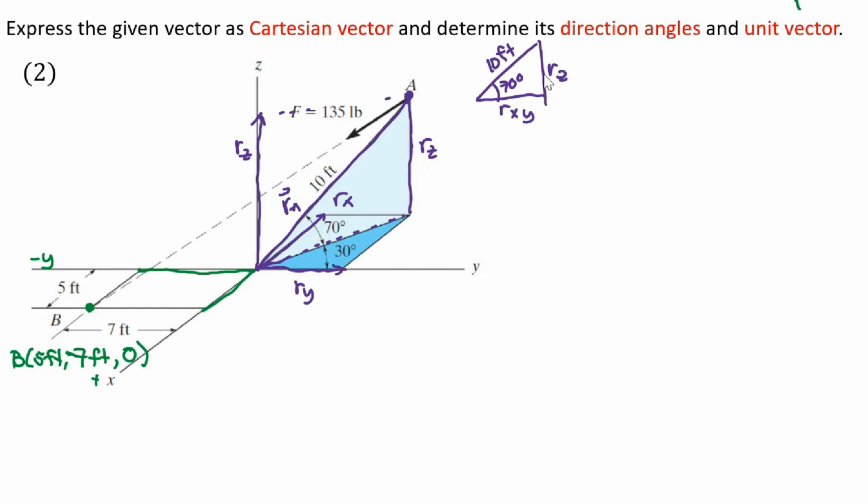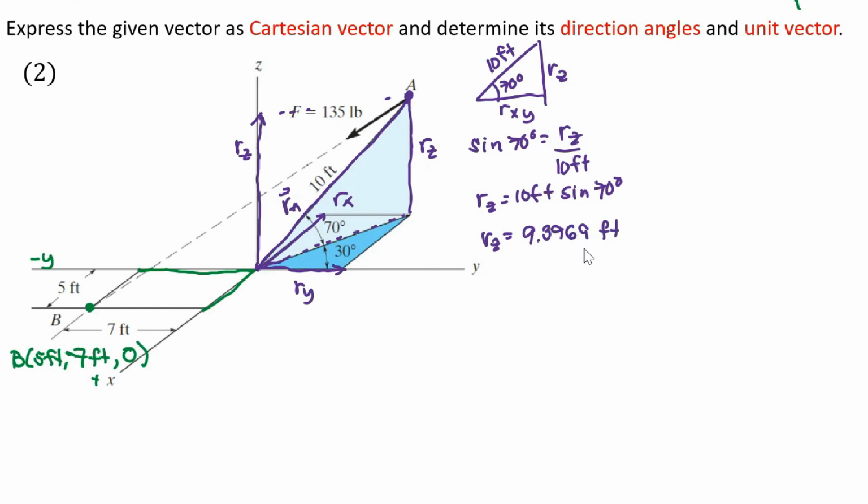To solve Rz, since that is opposite, we will use sine. So sine 70 degrees is Rz over 10 feet. So Rz is equal to 10 feet times sine 70 degrees. Rz is equal to 9.3969 feet.